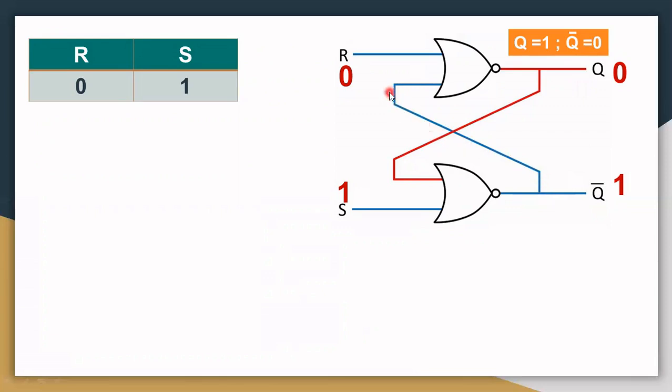Suddenly this Q dash is fed to here, 0, 0, 0, 0 gives 0. For NOR gate, it is inverted to 1. Therefore, Q changes to 1. So when I give R is equal to 0 and S is equal to 1, we get Q is equal to 1 and Q dash is equal to 0. Remember, I took the state Q is equal to 0 and Q dash is equal to 1.